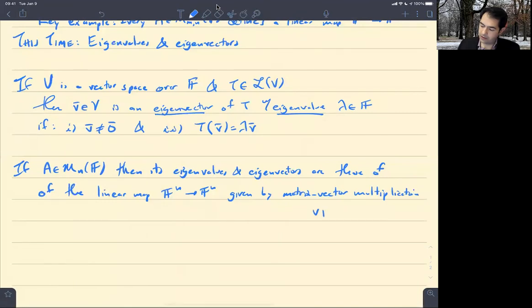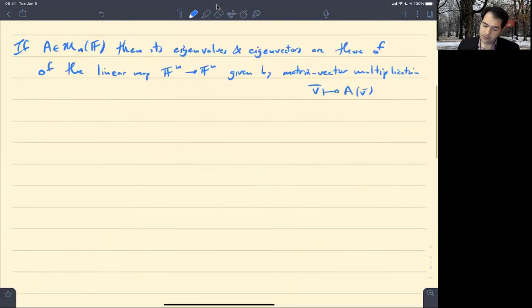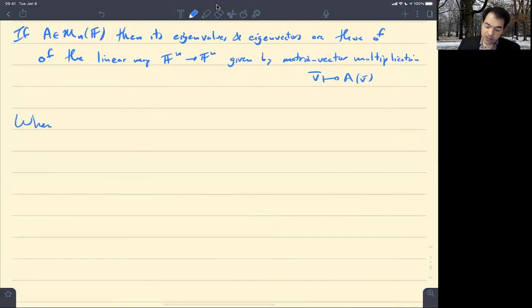Right, so the vector v gets sent to A times the vector v. Okay, when these exist, so it turns out you don't always have eigenvalues and eigenvectors, but when you have them, they're wonderful. When these exist, they play a key role in understanding T.